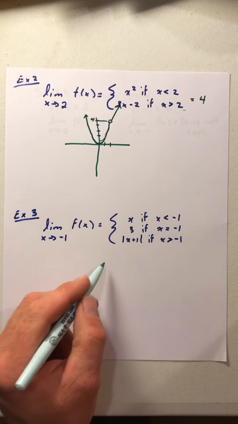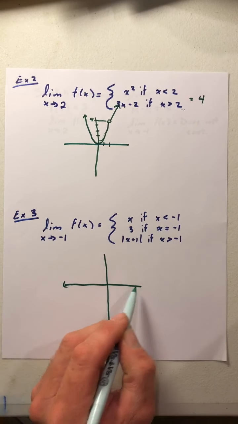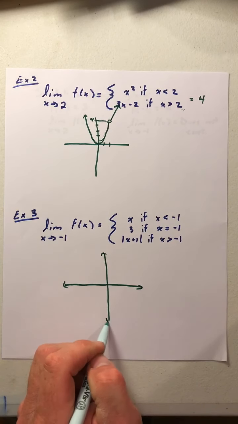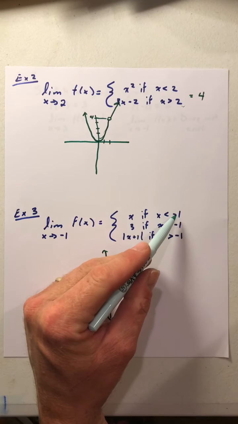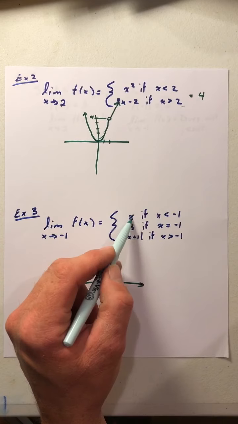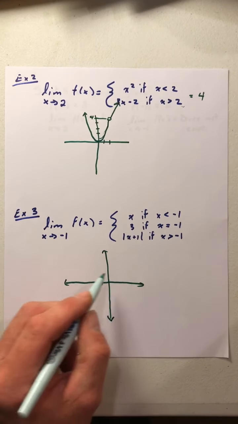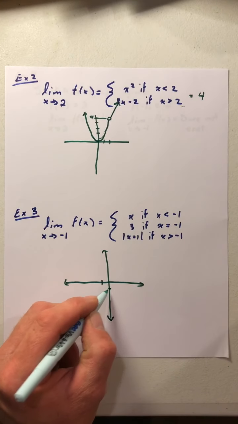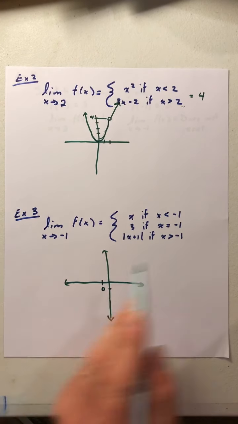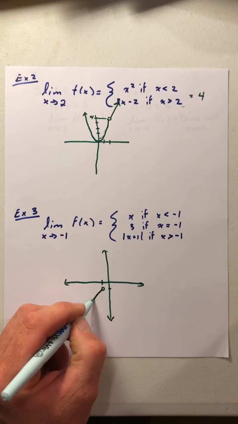In example 3, as x is closer to negative 1, what's happening with our function? We have x if x is less than negative 1, which is a linear function. Here's x equals negative 1. If I plug in negative 1 for x, I get negative 1 out, but I can't, since it's not equal to, so there's an open circle there.